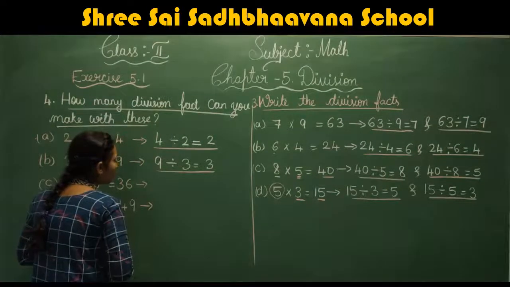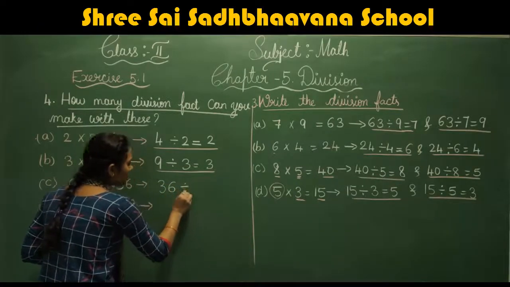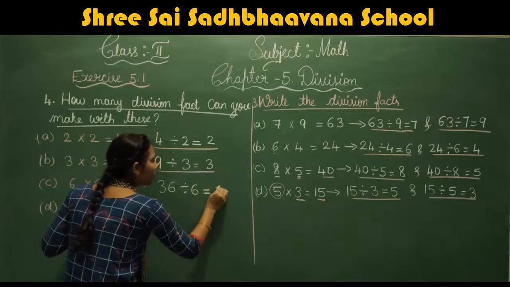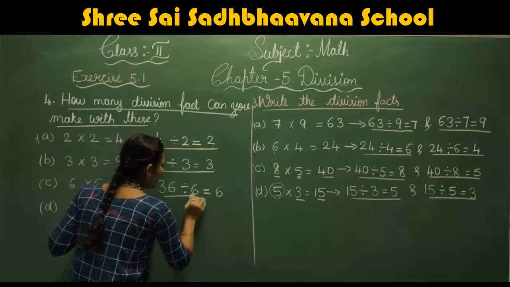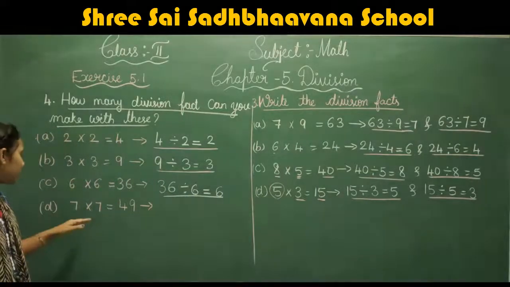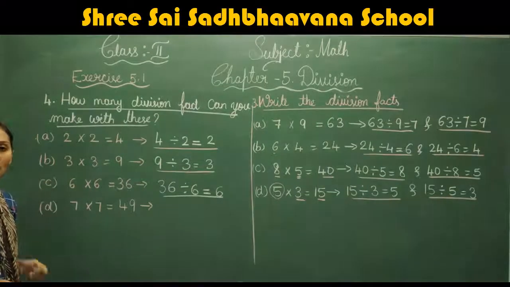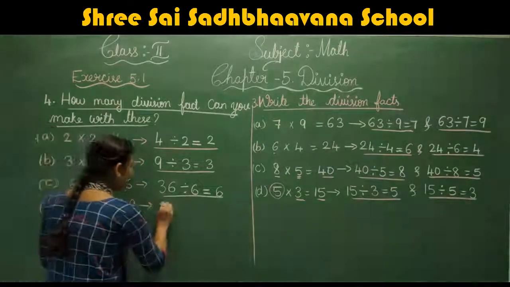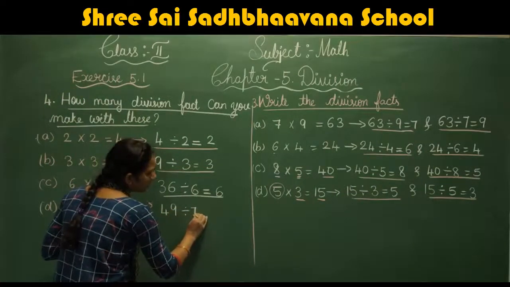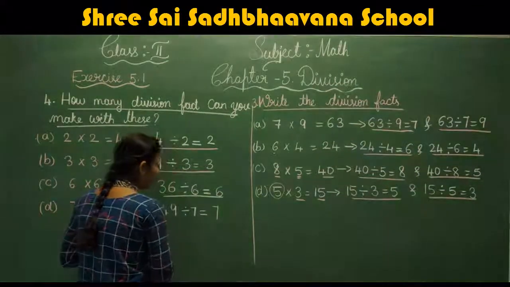When you divide this 36 by the number 6, you will get 6 as the result. The same way 7 7s are 49. When you divide this 49 by the divisor 7, the quotient you will get is 7.